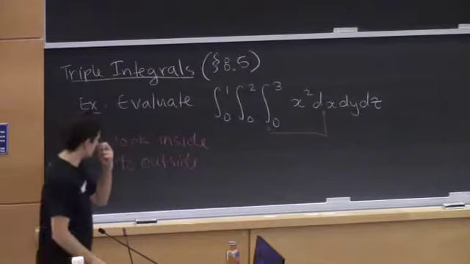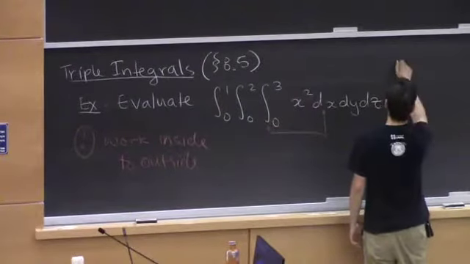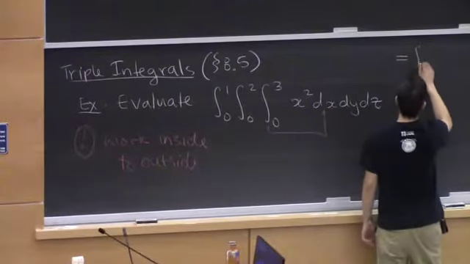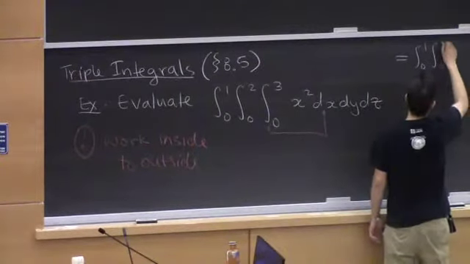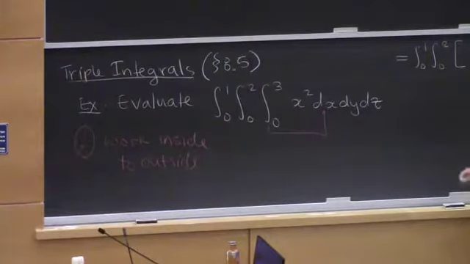Okay, so let's see what we get there. When we integrate x squared, we'll get a third x cubed from 0 to 3 dy dz. So our first move is to integrate in x.